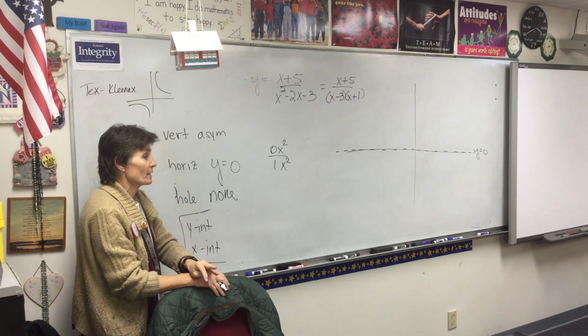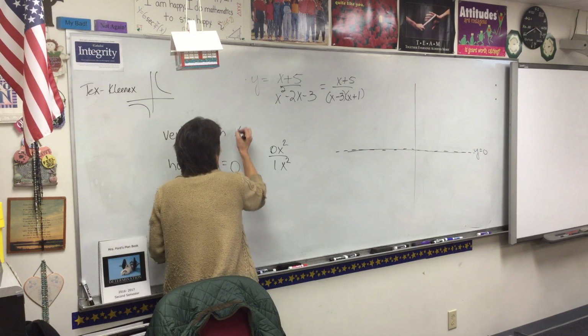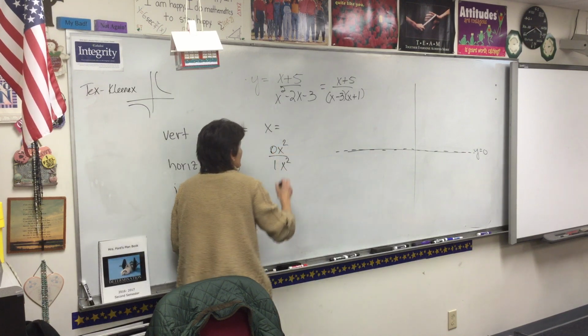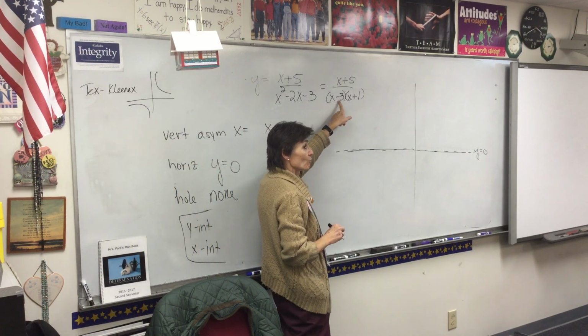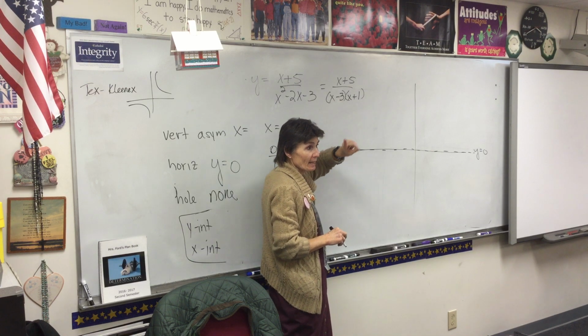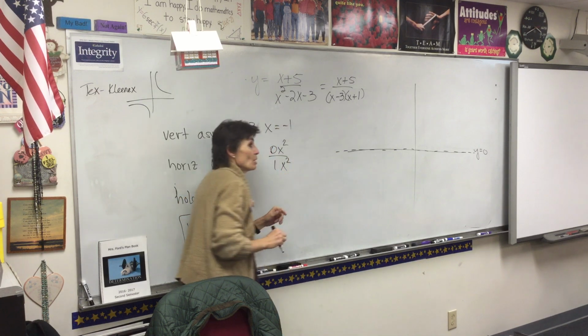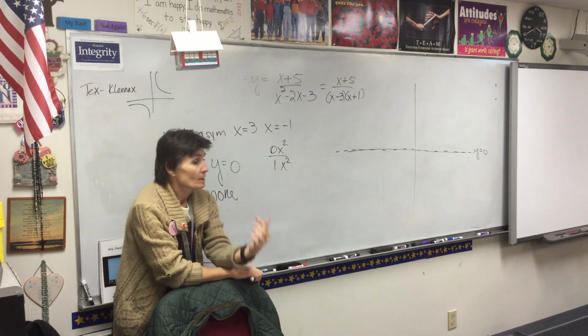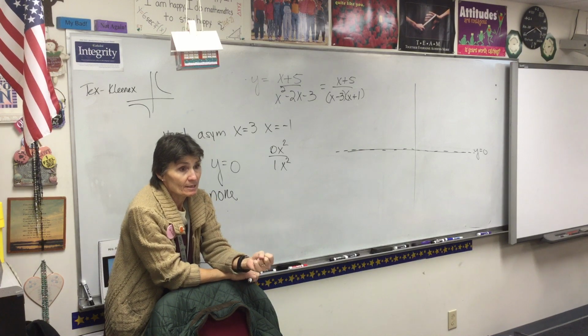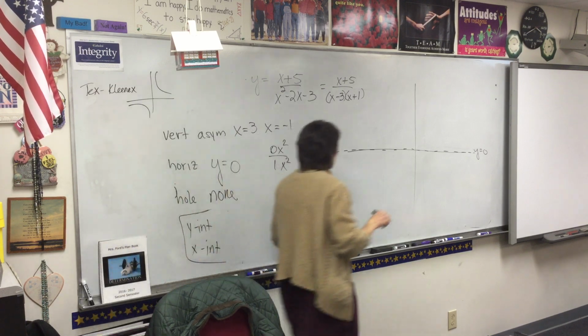Soon, I promise, we're going to get one, but we don't have it here. Second, there are 2 vertical asymptotes, because if you put in 3 or -1, you would get a 0. And vertical asymptotes happen when the denominator is 0. Right? So let me put those in, 2 of them.